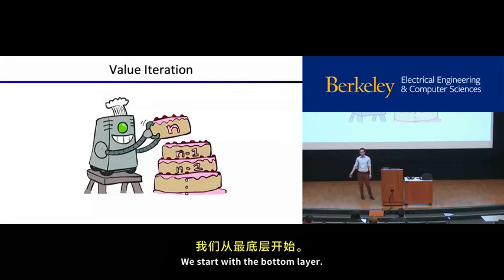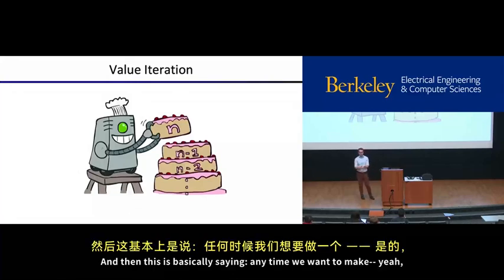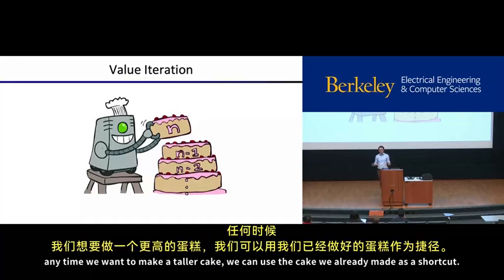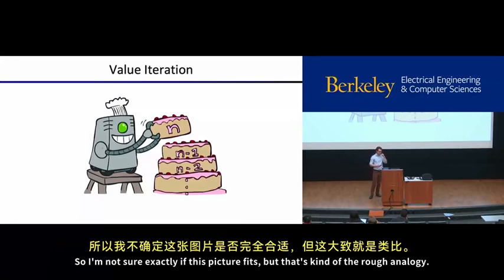We start with the bottom layer, and then this is basically saying anytime we want to make a taller cake, we can use the cake we already made as a shortcut. I'm not sure exactly if this picture fits, but that's the rough analogy.